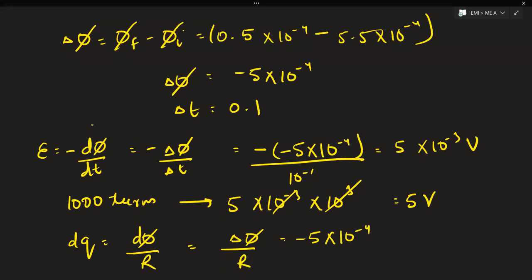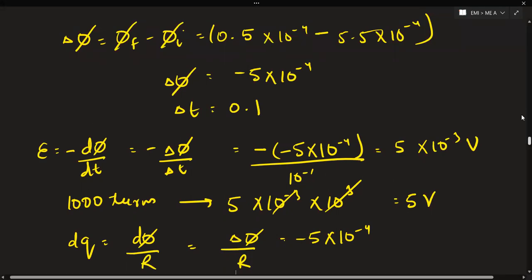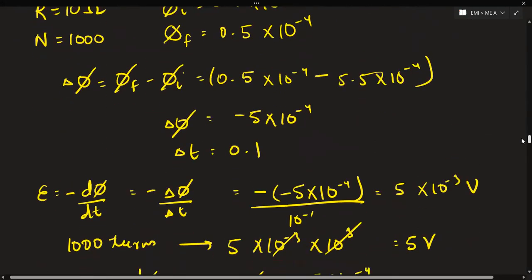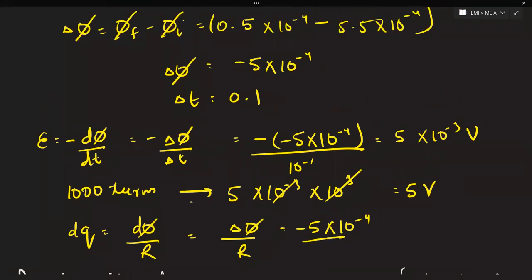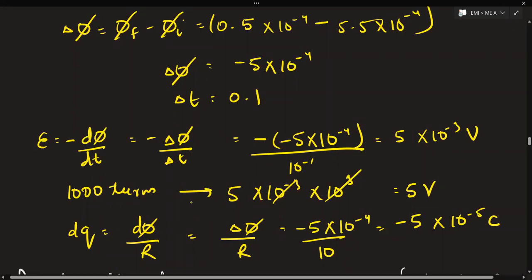So resistance is how much? 10, I think. Yes, 10 ohm is the resistance that is given. So this divided by 10 is equal to minus 5 into 10 to the power minus 1, so minus 5 coulomb, like this. So change in flux, EMF's main formula is this. See, every formula is based upon this.